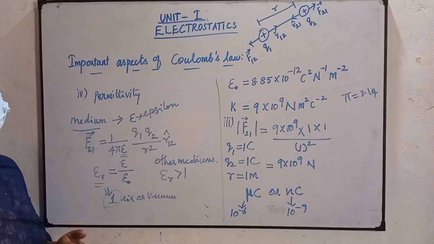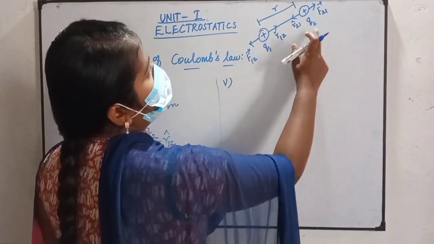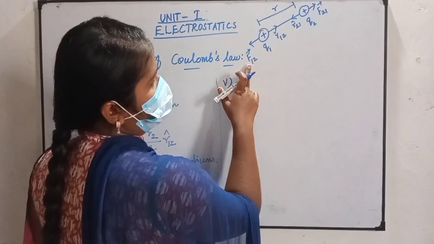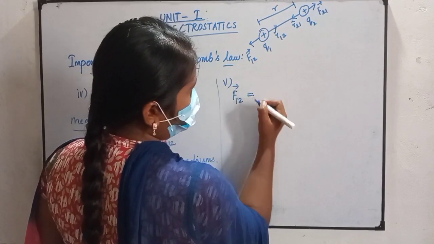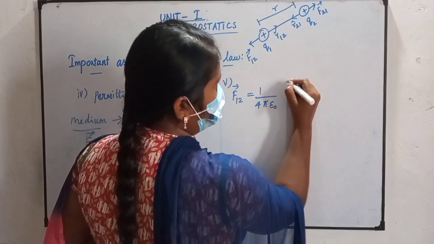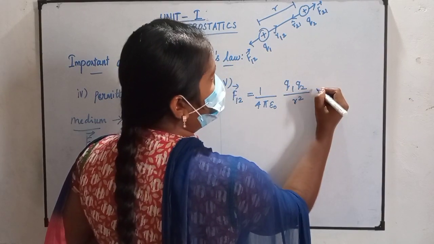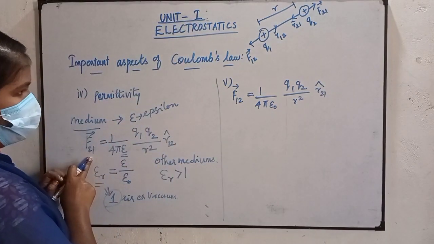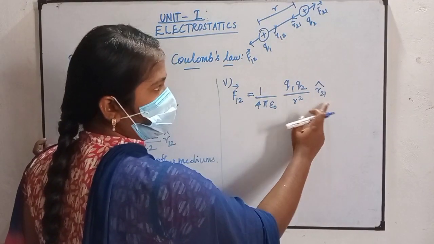So the next important aspect is, before that, we have to write the force equation in F12. F12 is equal to 1 by 4 pi epsilon naught Q1 Q2 by R squared into R21. If we use F21, the unit vector is R12; for F12, the unit vector is R21.